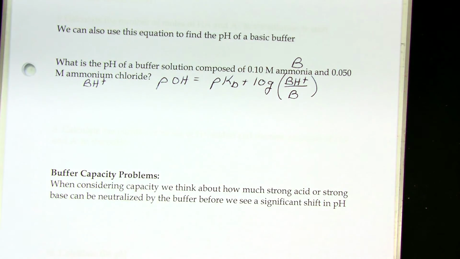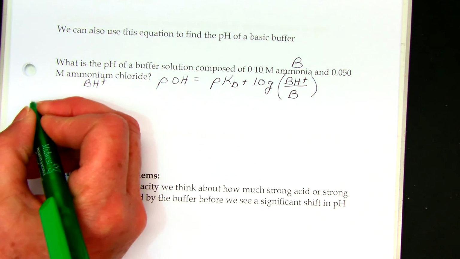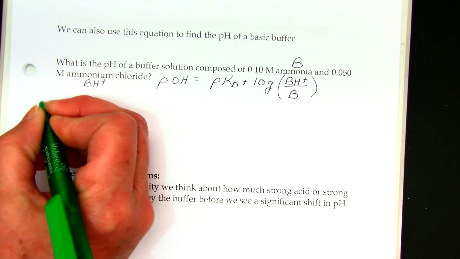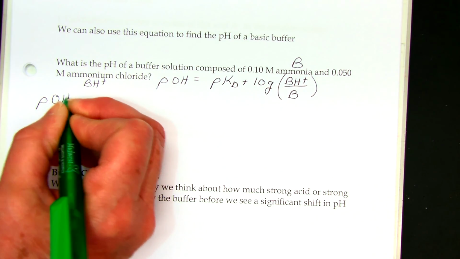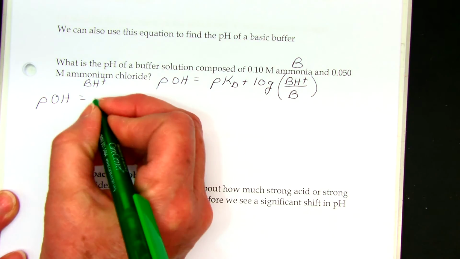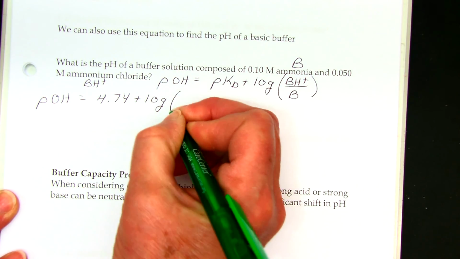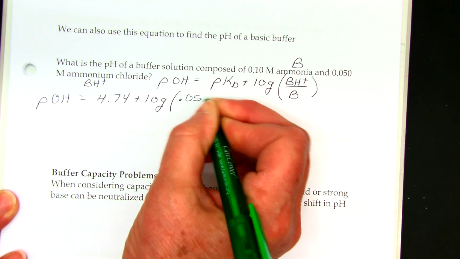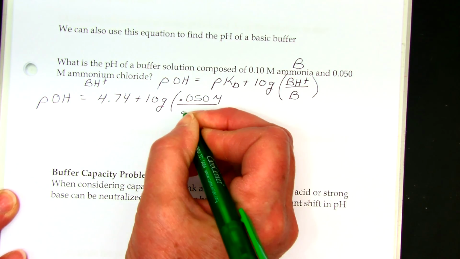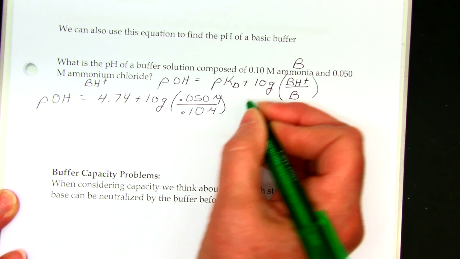And remember, you have to think about the salt and know, do you have the same concentration of the ion as the salt, or is it maybe 2 to 1 or 3 to 1? That was something a lot of people missed on that last quiz with the calcium citrate. So my pOH is what I'll be solving for. It's equal to pKb for ammonia, which is 4.74, plus the log of the ammonium concentration, 0.050 molar, divided by the ammonia concentration, 0.10 molar.